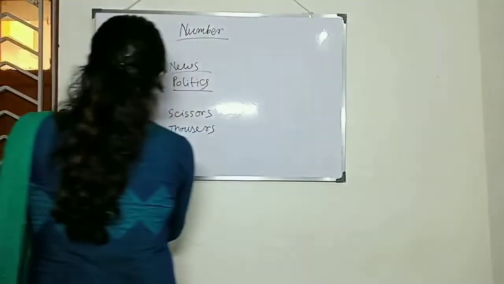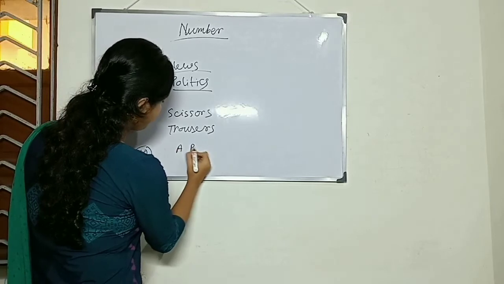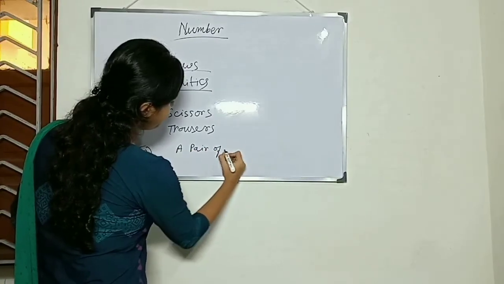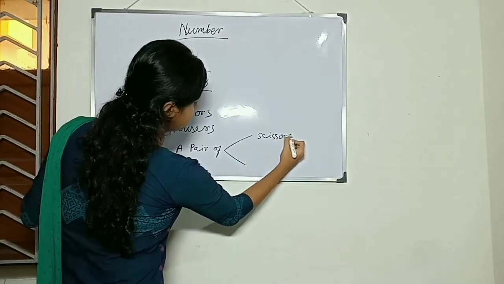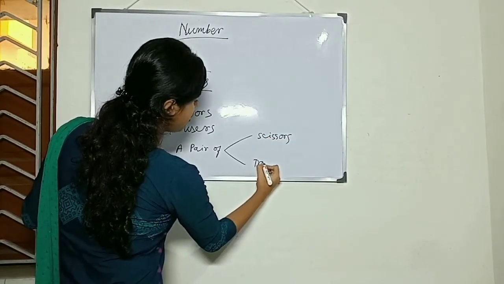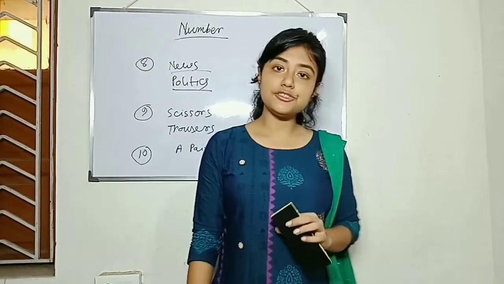That is rule number 10. What? A pair of scissors, a pair of trousers. Understood, students?